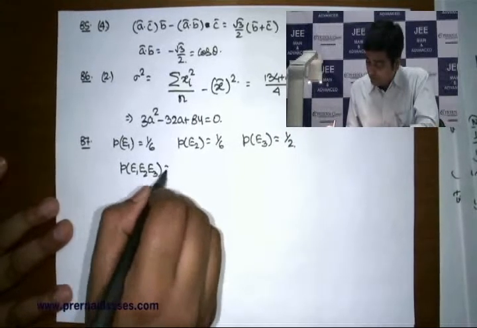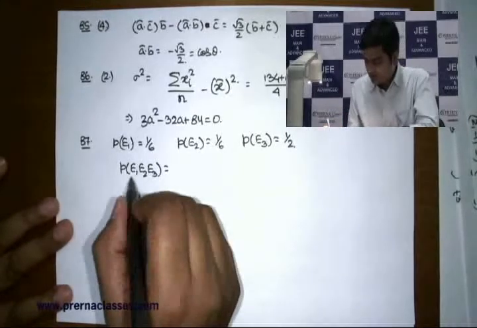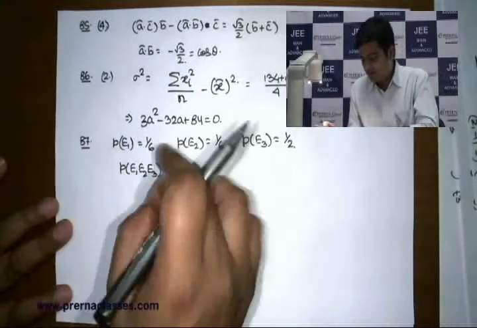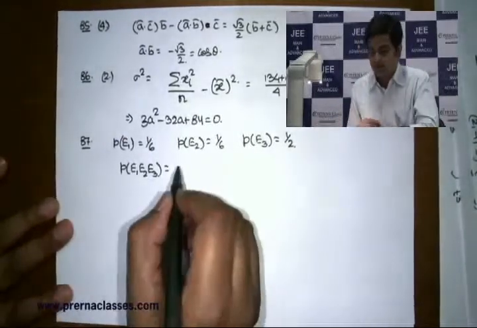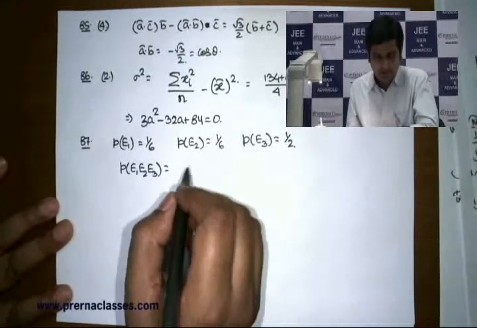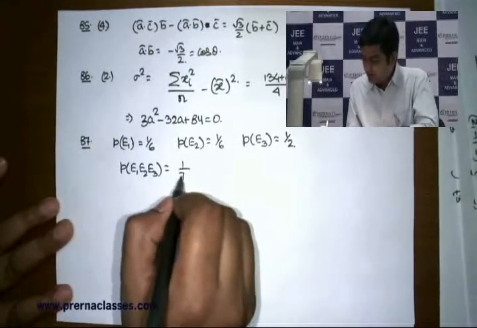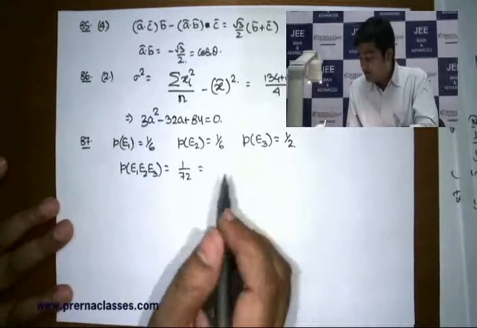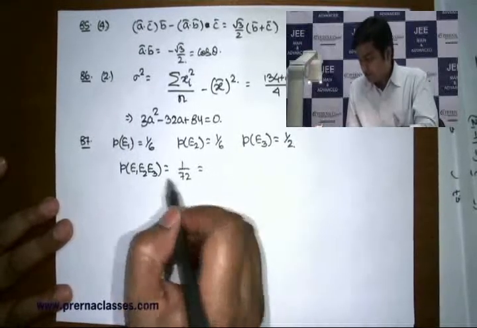If you figure out, of the various options, if you look for the occurrence of all these events together, you will find that it is nothing else but 1 by 72, as a product of these quantities.